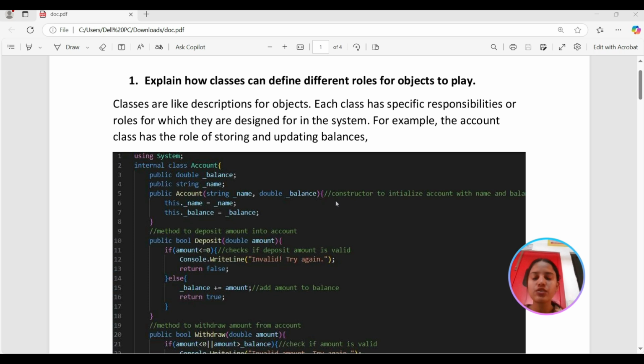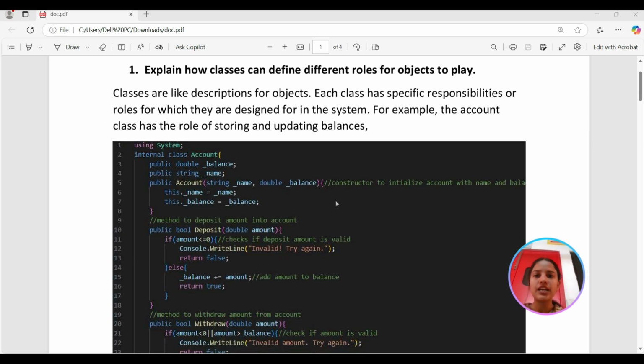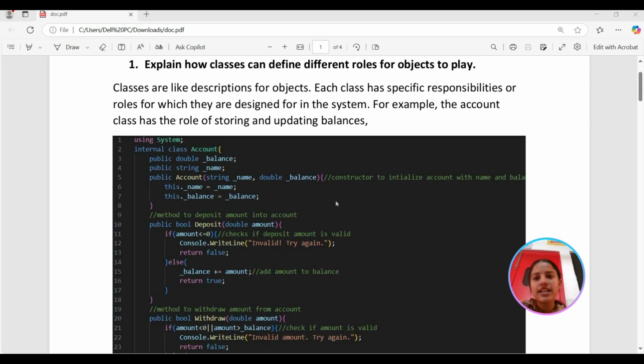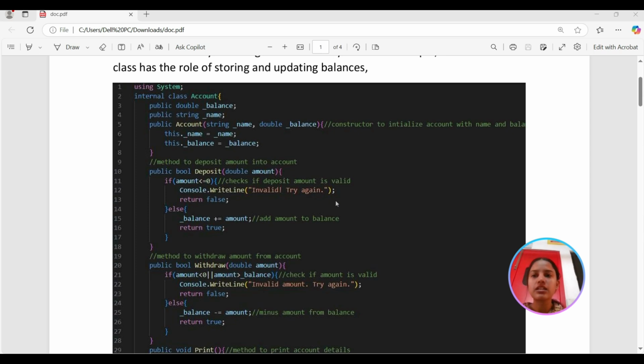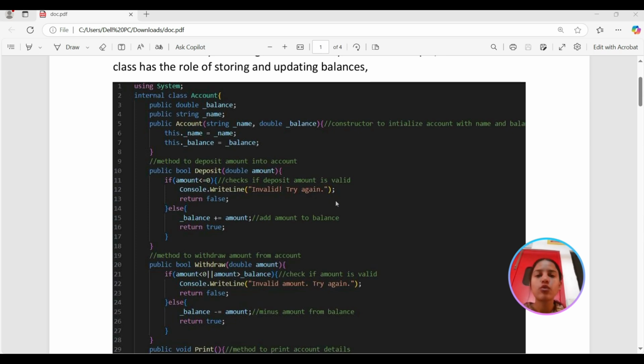Basically, in object-oriented programming, each class is designed to perform a specific role. That's why they're designed in such a way in the system. For example, if you look at the account class here, the class has the role of storing and updating balances.